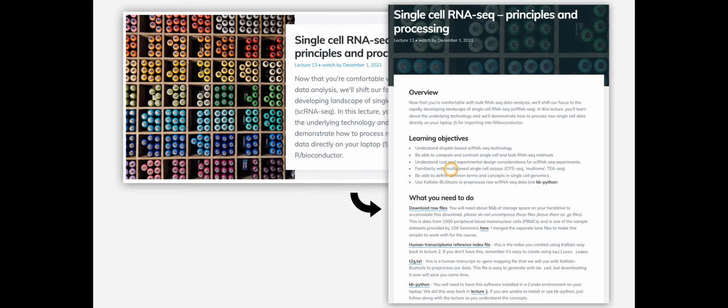And then finally, we'll conclude this lecture by actually using a tool related to the Kallisto aligners and developed by the same group called Kallisto BUStools to carry out read mapping and pre-processing of raw single-cell RNA-seq data directly on our laptops.